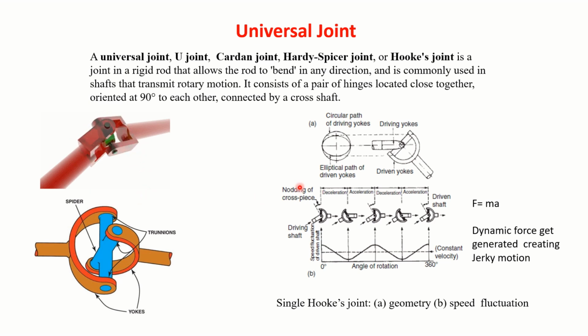Now look at it this way. You see here, when this rotates perpendicular to the plane, if you draw it, it is generating a perfect circle. When this part rotates, if you project it, it is an ellipse.